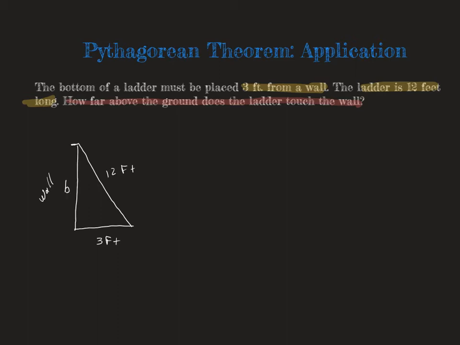So we're going to do a squared plus b squared equals c squared. We know that c is going to be 12 because it's opposite to the 90-degree angle. We don't know what b is, and we know that a is going to be 3 feet. Now using this information, I'm going to square the numbers.